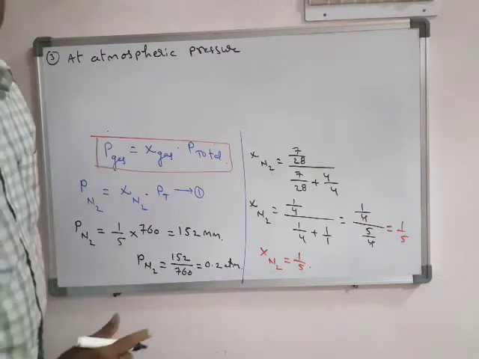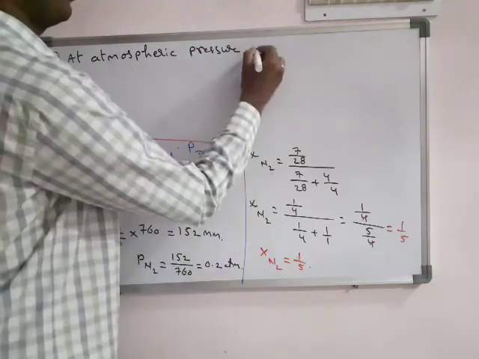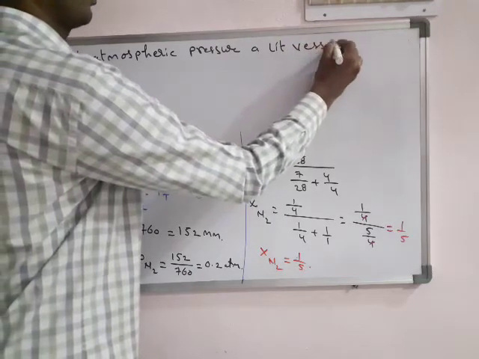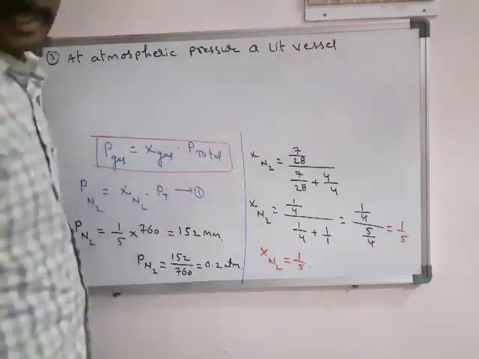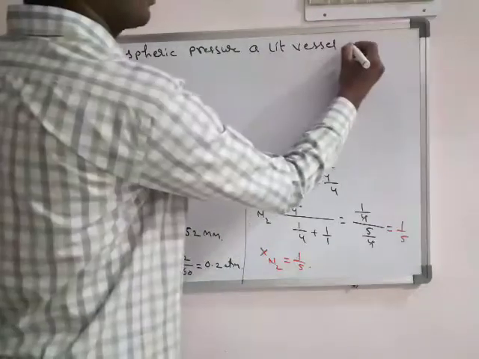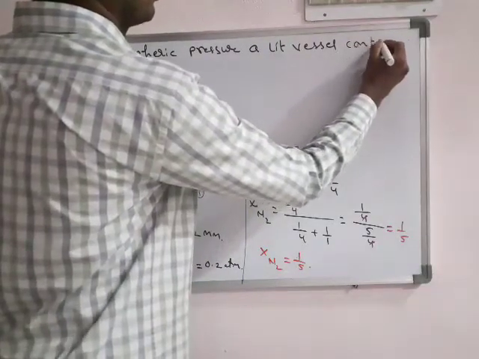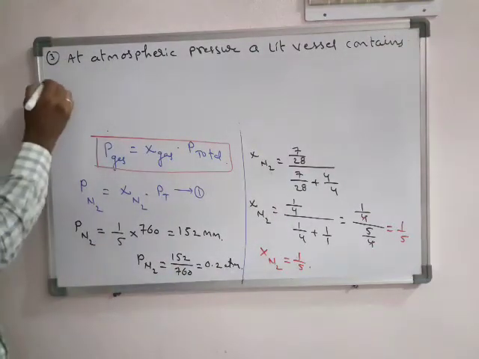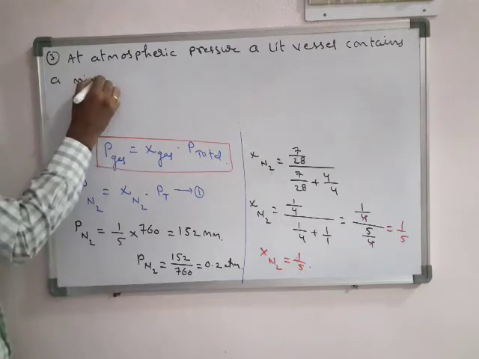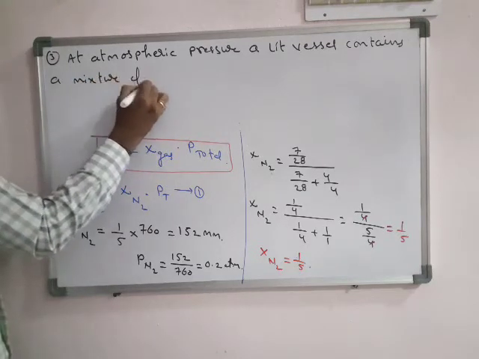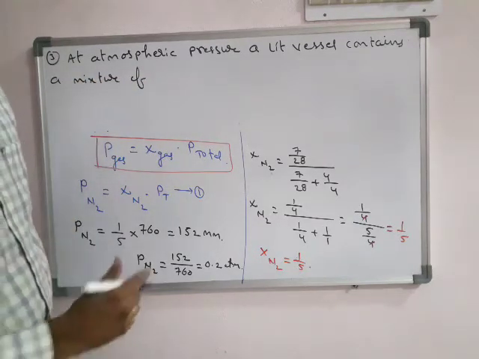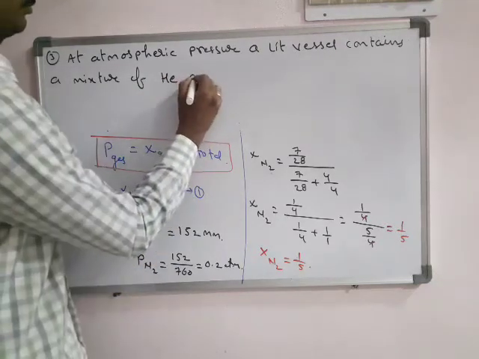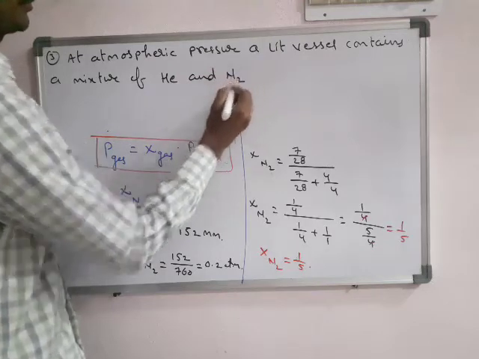At atmospheric pressure, a one-liter vessel contains a mixture of helium and nitrogen.